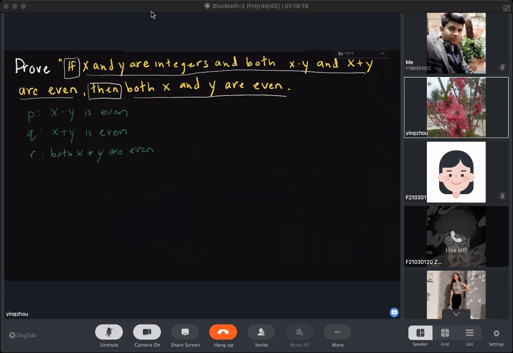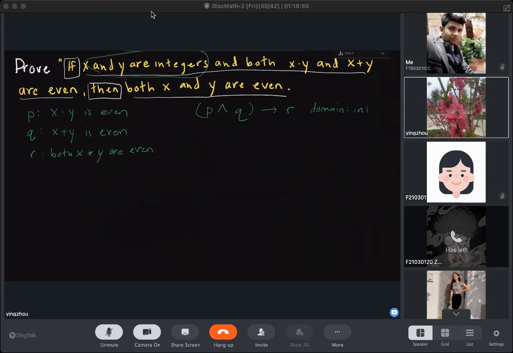So based on the way that I have assigned my propositions, I can rewrite this statement as if P and Q, then R. If x times y is even and x plus y is even, then both x and y are even. And again, I skipped the integers part, but I would just say for the domain of integers.